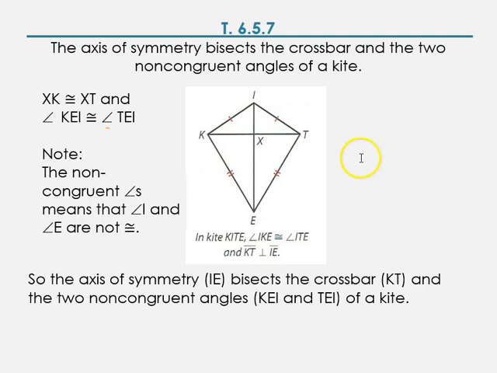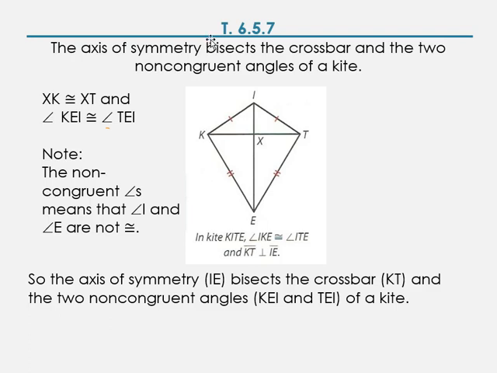Theorem 6.5.7. The axis of symmetry bisects the crossbar and the two non-congruent angles of a kite. The axis of symmetry is a line that is drawn in a figure to cut it exactly in half so that both sides reflect each other.